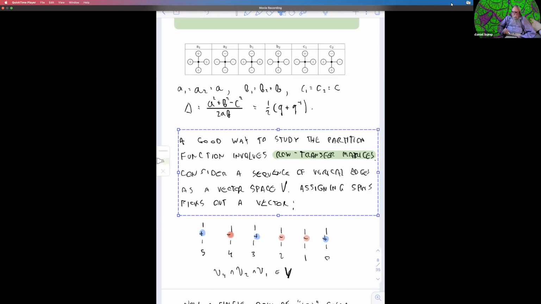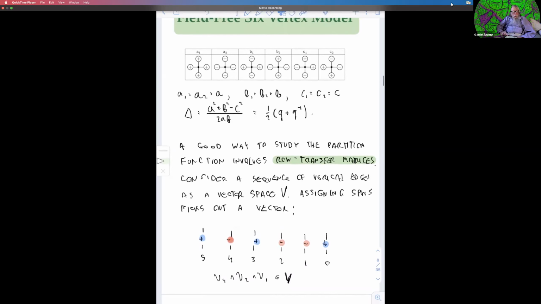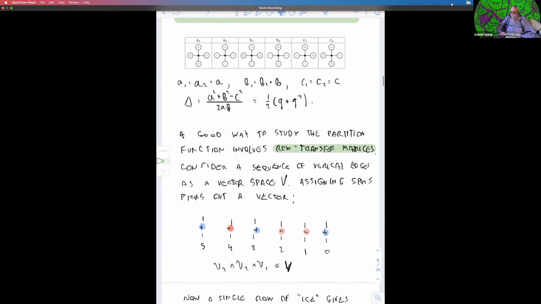So I think of this as living in some vector space, and I'll denote it by v sub 4, wedge v sub 2, wedge v sub 1. It might be the exterior algebra of a vector space with basis vectors labeled from 0 to 5. If you considered infinite grids, then you would be in the world of the fermionic Fock space.